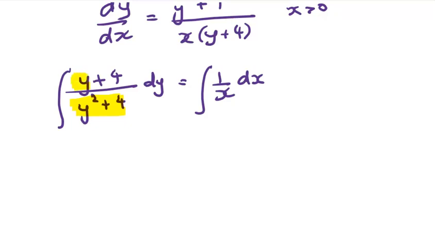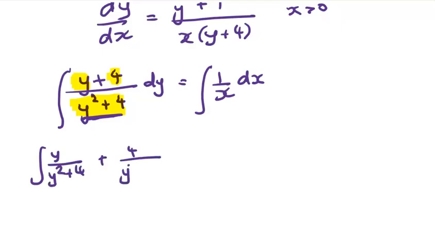So we're going to split this up into two parts, and hopefully you're recognizing that there's an inverse tan in this second bit here where we've got the 4 over y squared plus 4. So splitting that up into 2, we'll get y over y squared plus 4 plus 4 over y squared plus 4 dy, and here we've got the natural log of x.